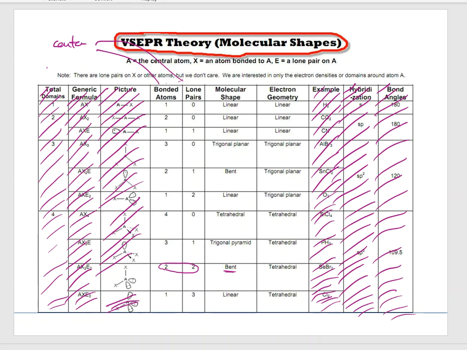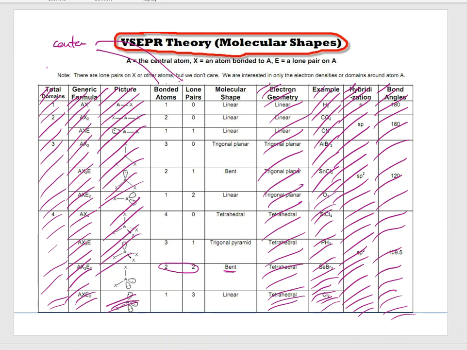Now this is not including the electrons, all right? And that's really the one that we're going to be after here. This electron geometry is another shape if we include those electron pairs, but we are not going to be after those in this class, especially in this very first chapter. So I'm going to tell you to cross that out as well.